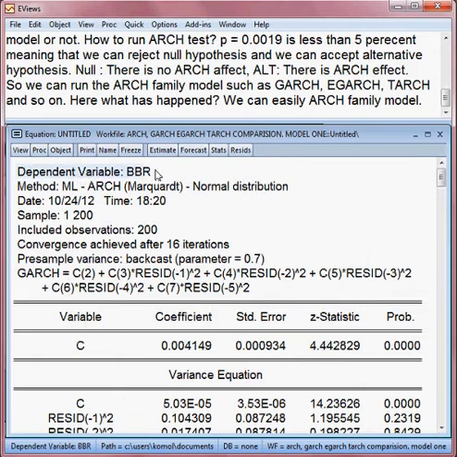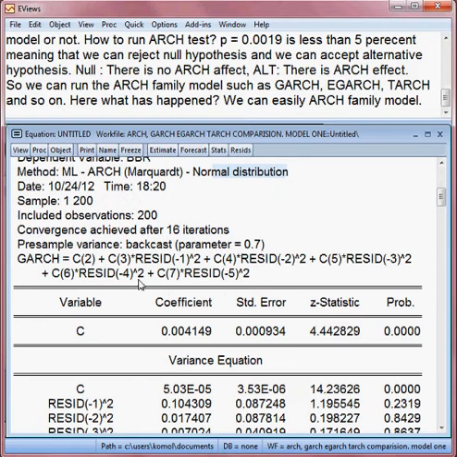You can see the dependent variable is BBR, and here I choose normal distribution, and here are 5 ARCH terms: ARCH 1, ARCH 2, ARCH 3, ARCH 4, ARCH 5. But there is no GARCH, only ARCH is here.